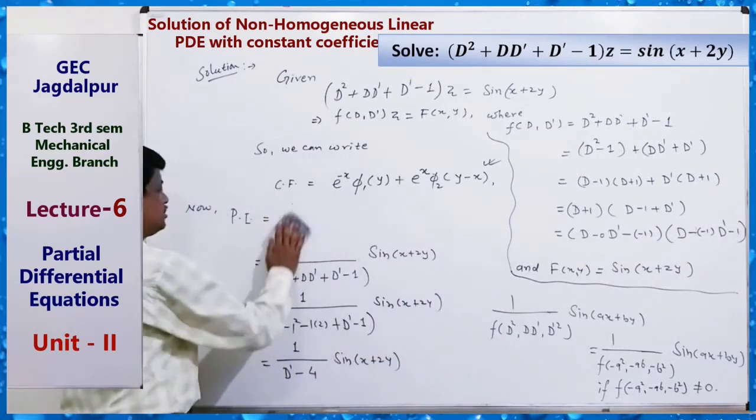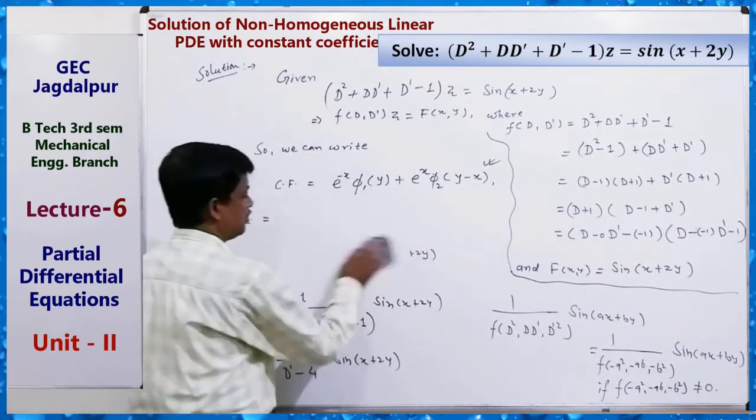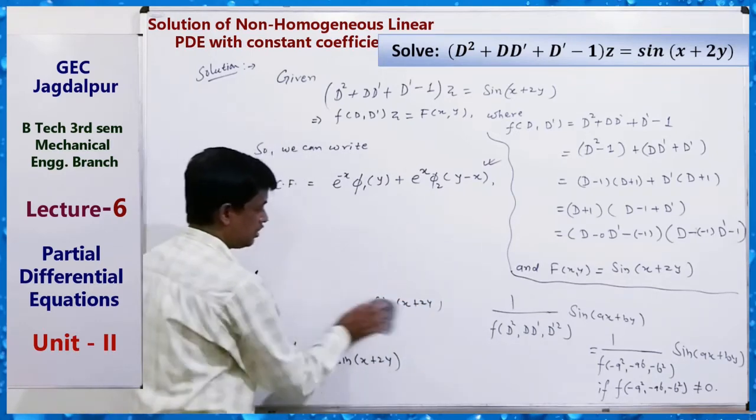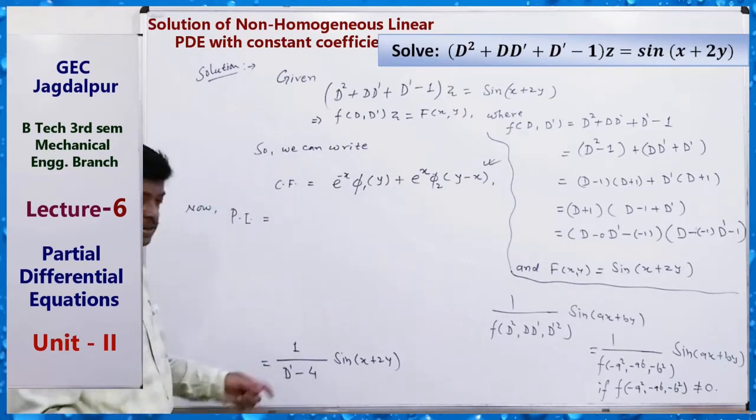Now as usual, in a homogeneous partial differential equation, we just have to solve it.